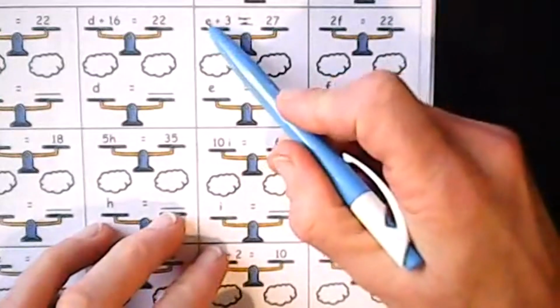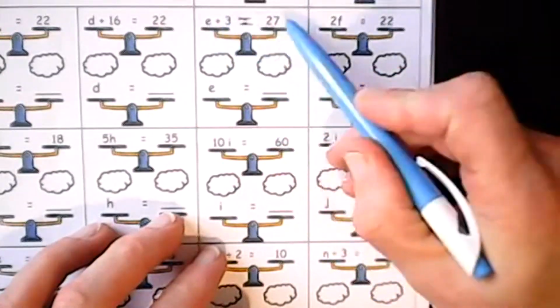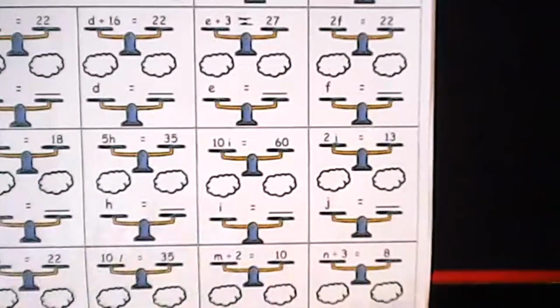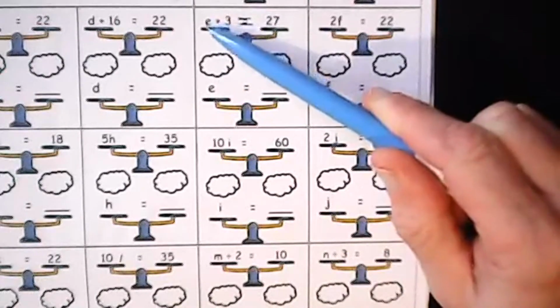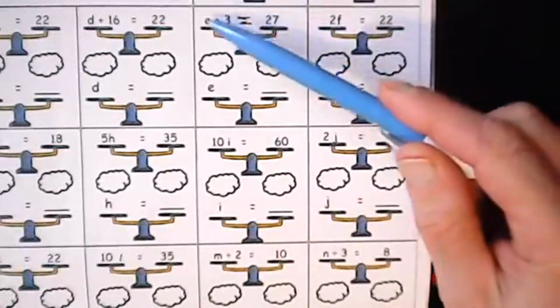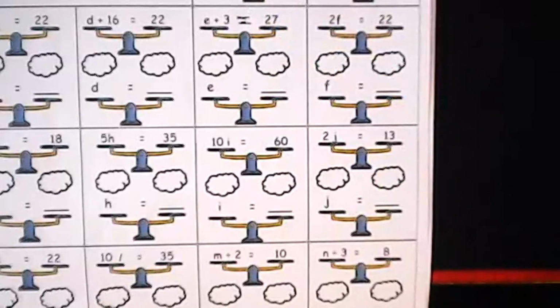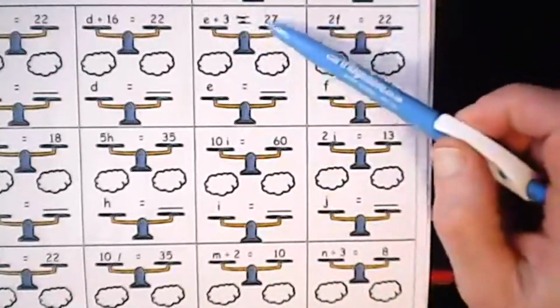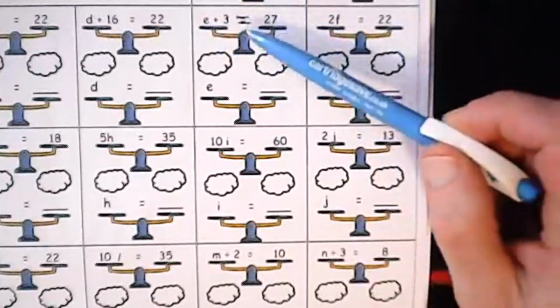So we've got E plus 3 equals 27. We talked about yesterday that solving equations is finding the value of the missing letter, which is actually a number. So this letter E is a number. Something add 3 is 27. We want to look at the mathematical concept of this, not just think what add 3 makes 27.